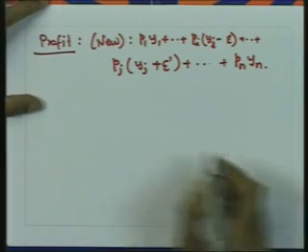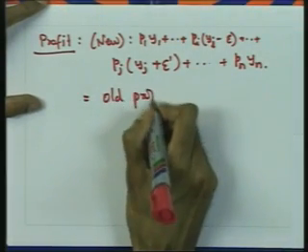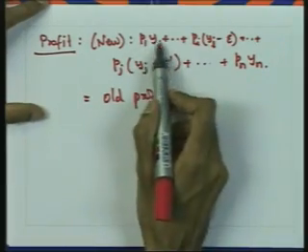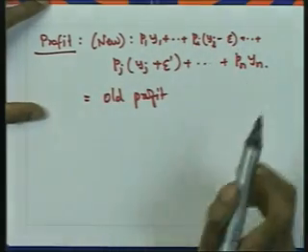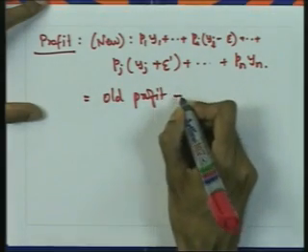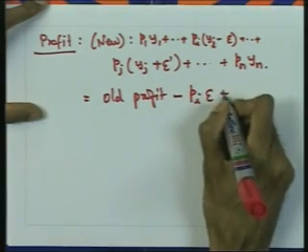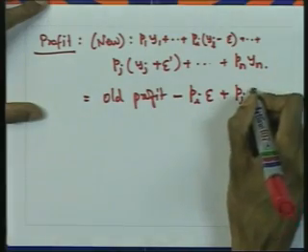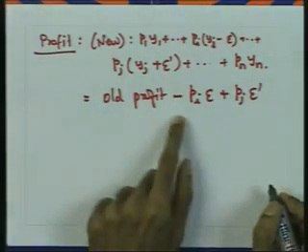So this is nothing but the old profit, which is P1 Y1 and so on, Pi Yi, Pj Yj, plus Pn Yn, minus Pi times epsilon plus Pj times epsilon prime. So the new profit is nothing but the old profit minus this plus that.